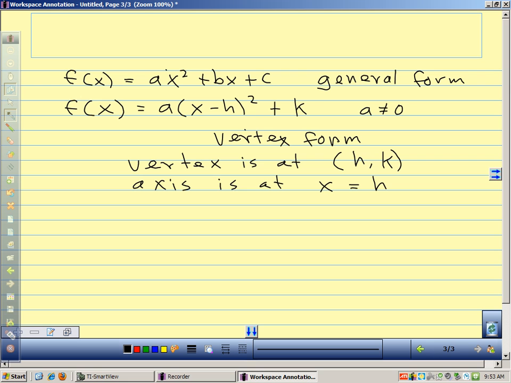So when we get our quadratic function in this form, we have a little bit of information about our parabola. So let's look at a couple of examples of how we go from the general form into vertex form.